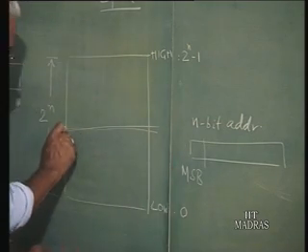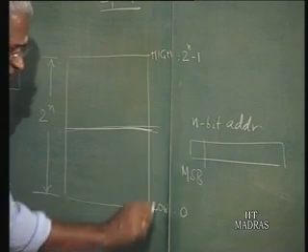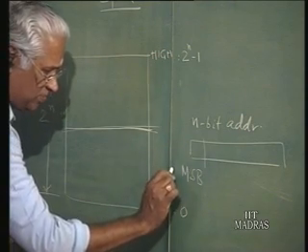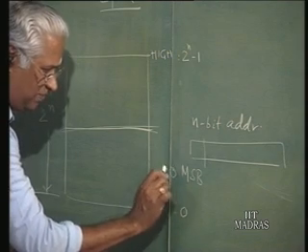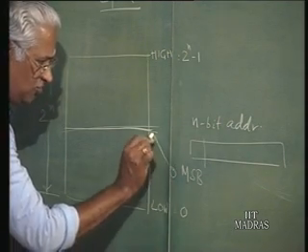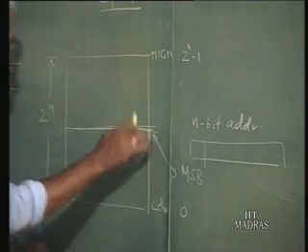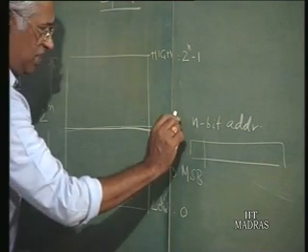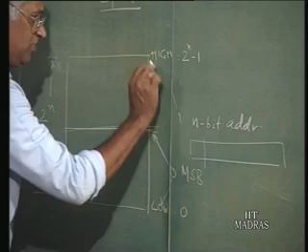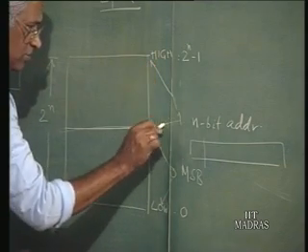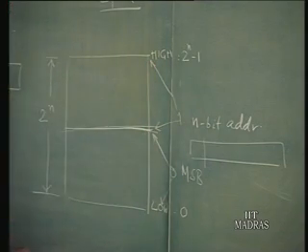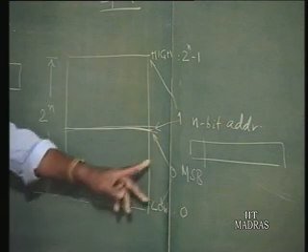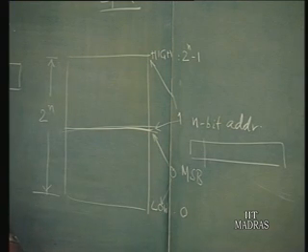Now, this lowest half will be indicated by this MSB being 0, is it not? MSB being 0 will be indicated by this lowest half, because it is exactly half. Now, this MSB being 1 will indicate this top half, agreed? Okay.